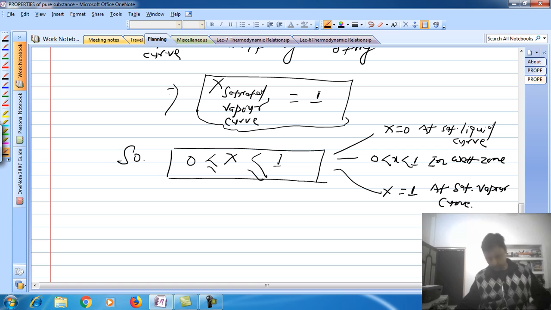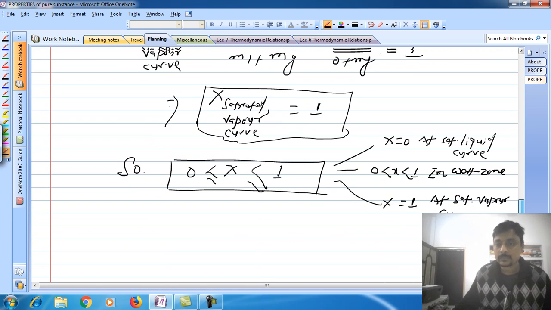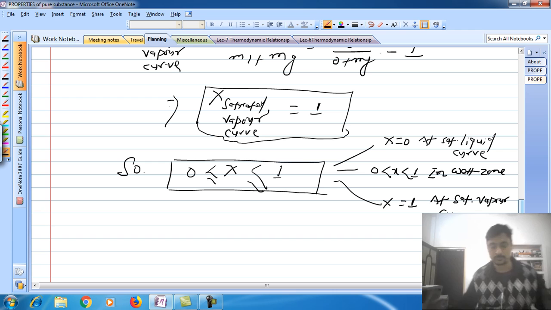This is very important. We need to understand the limiting values of the dryness fraction. So at the saturated liquid curve, as we know, there is no vapor part, only liquid part exists.